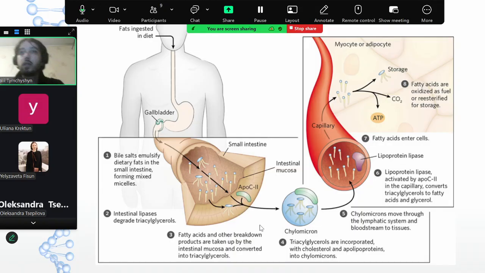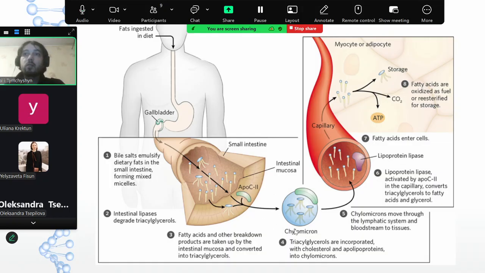And for this sort of transportation, these triacylglycerols are incorporated with cholesterol and certain apolipoproteins like ApoC2, and that transforms them into so-called chylomicrons.